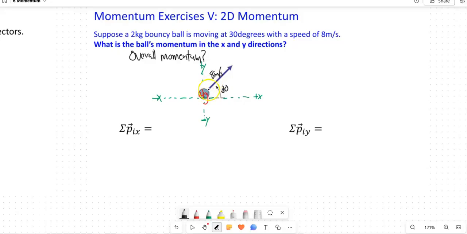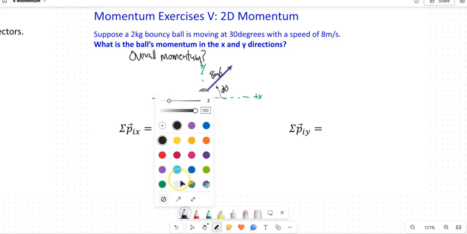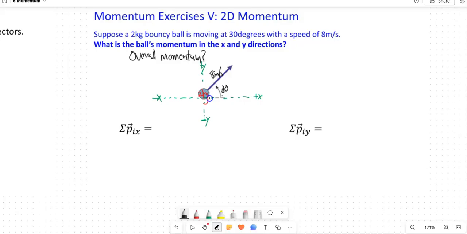So right here, we're going to take this vector, which is the addition of 2 vectors, a vector going to the right, and when we add to that, the vector going upwards.